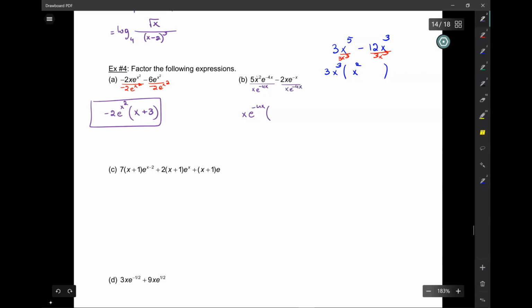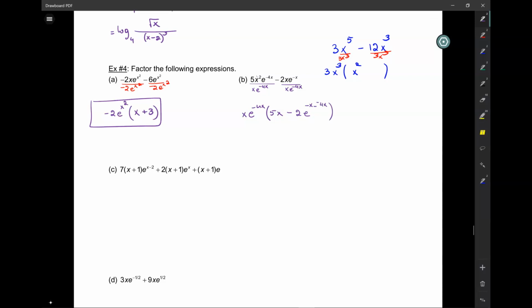So here I get 5x, and the e goes away, minus 2. Now I have the same base, different exponents being divided. When you divide powers, what do you do with the exponents? You subtract them, so it's e to the negative x minus 4x.